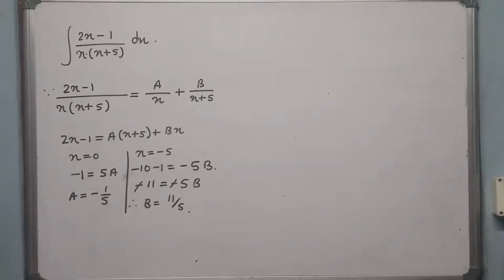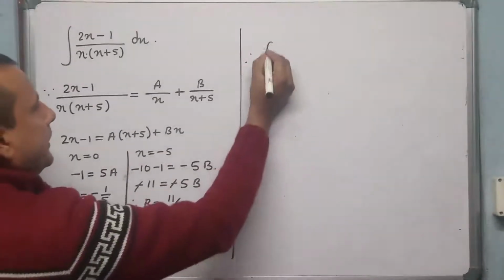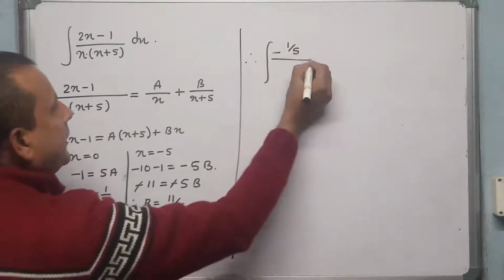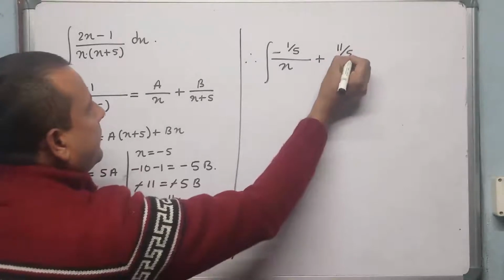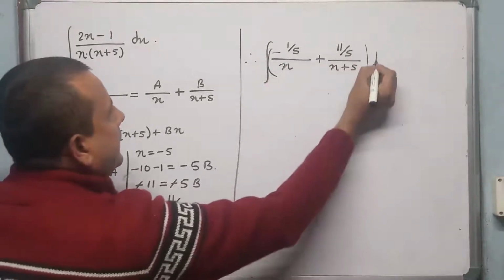After getting a and b, I'll substitute over here in the integral. Therefore, integration, the value of a is minus 1 over 5 divided by x plus b is 11 over 5 x plus 5 whole dx.